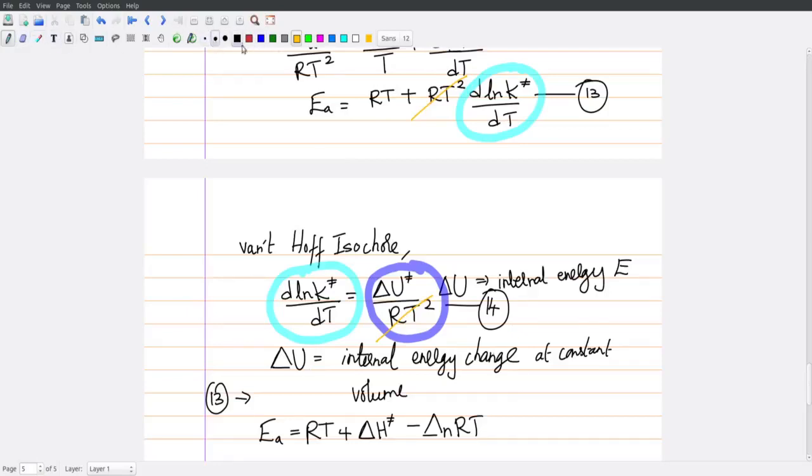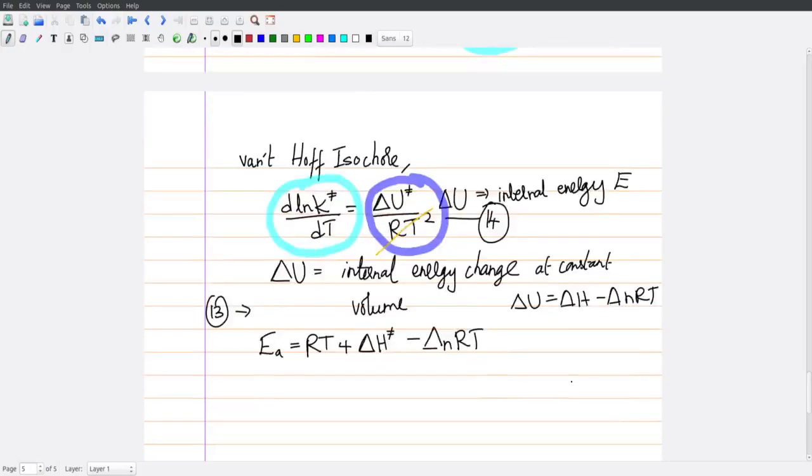So we know the relationship between delta U and delta H. Delta U equal to delta H minus delta N RT. So that's what we are substituting here. Okay.